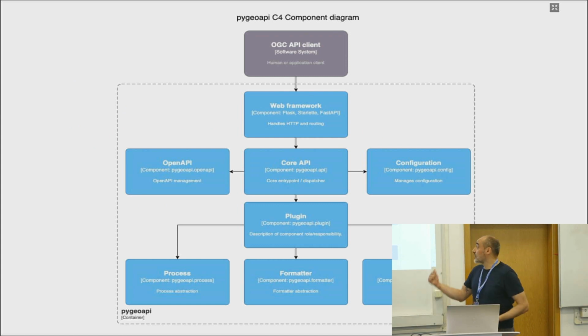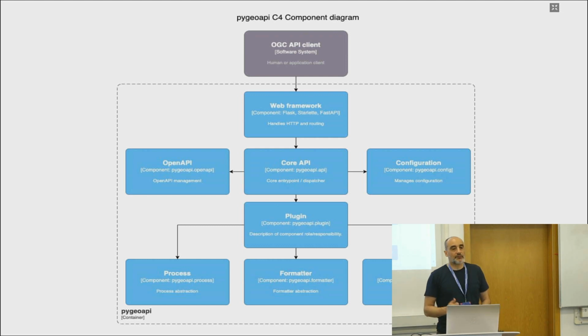This is basically the architecture of pygeoapi. I don't want to go into detail here, but essentially I want to give you the message that pygeoapi is very modular and supports different kinds of web frameworks.